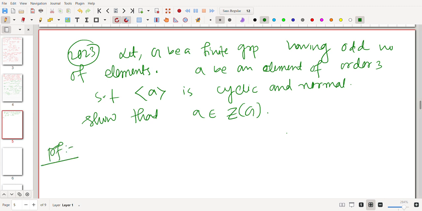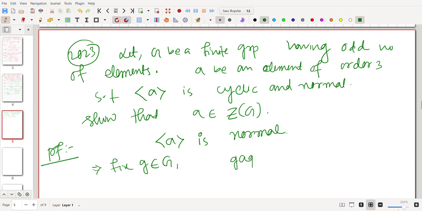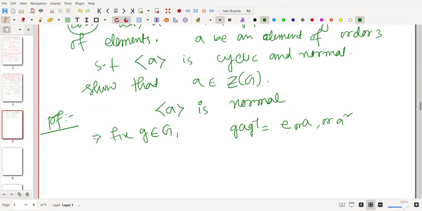So, proof. Observe that given that this is normal, this will imply, fix g belongs to G, g A g inverse equals identity or A or A square. If g A g inverse equals identity, that will imply A equals identity.